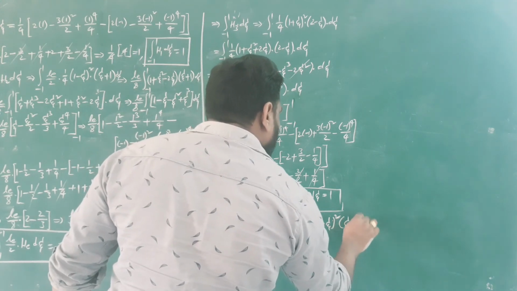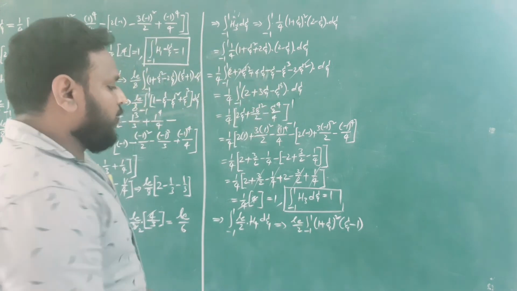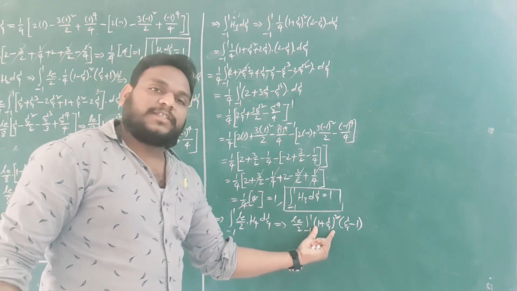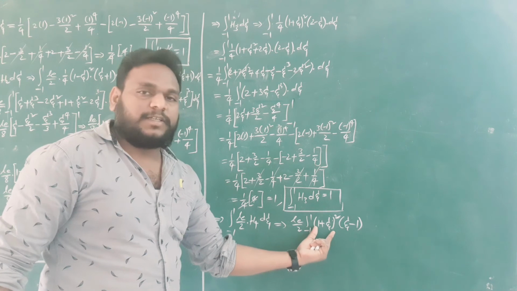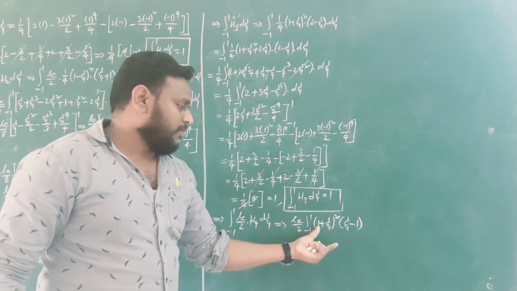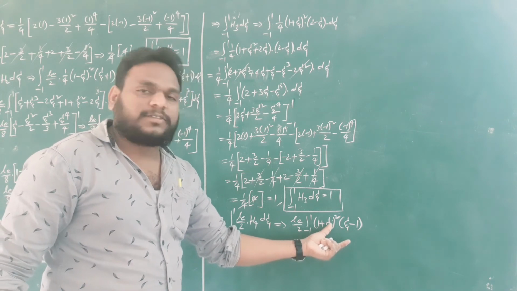So multiply first this, it is just like an (a plus b) whole square equation. Okay, just split it: that is a square plus b square plus 2ab, that means 1 plus j square plus 2j.